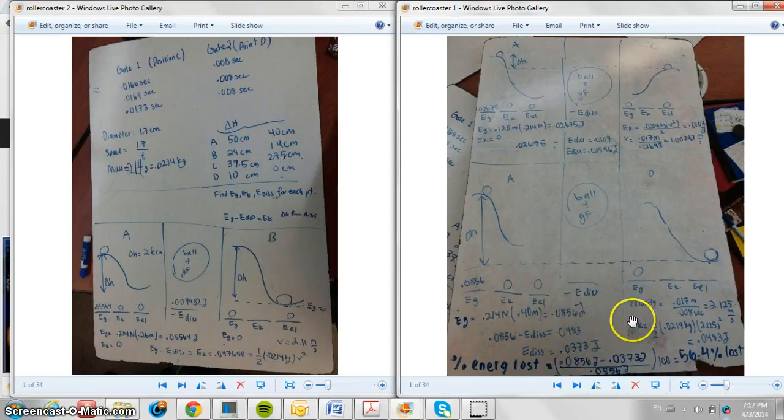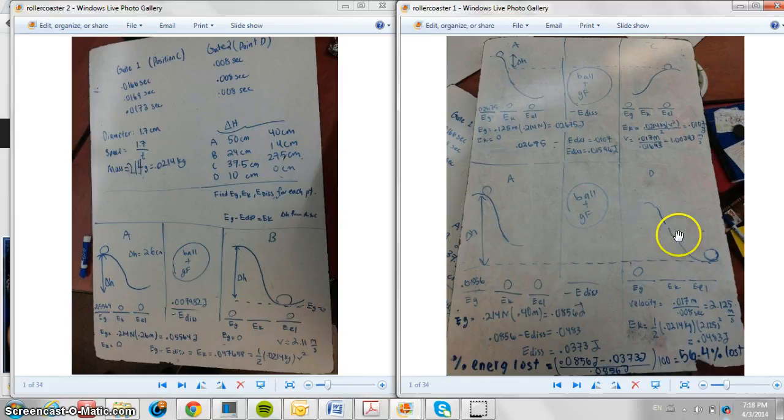And then at point D, we measured the amount of seconds it took to pass through point D, and we divided the diameter of the ball by the amount of time it took for it to pass through point D to get its velocity at point D. And then we calculated Ek, and we know our equation is Eg minus E dis is equal to Ek, so we're able to get E dis during that time period.